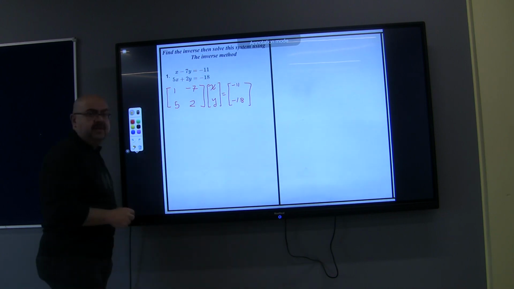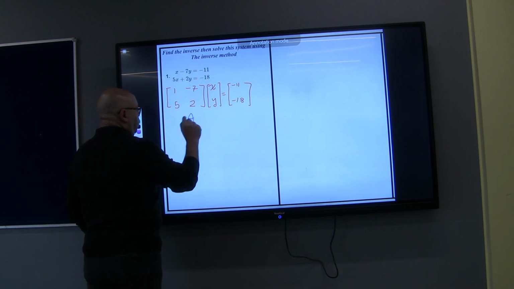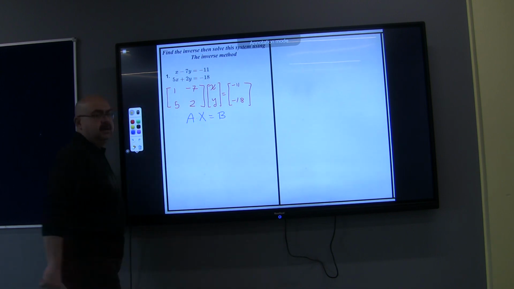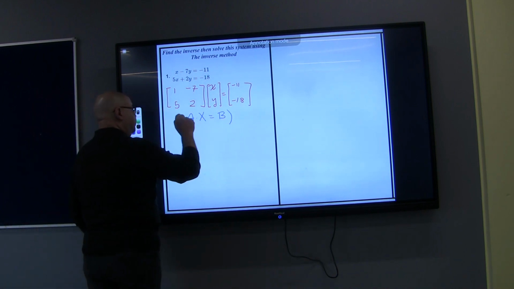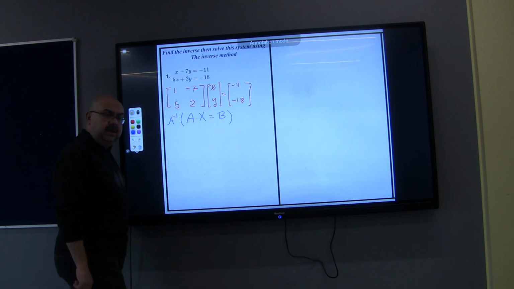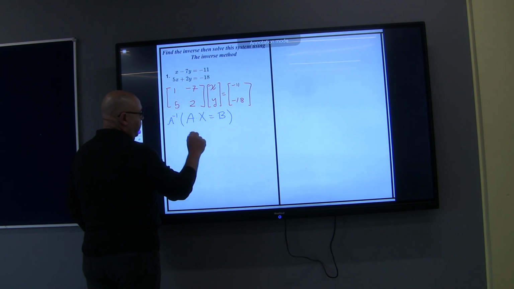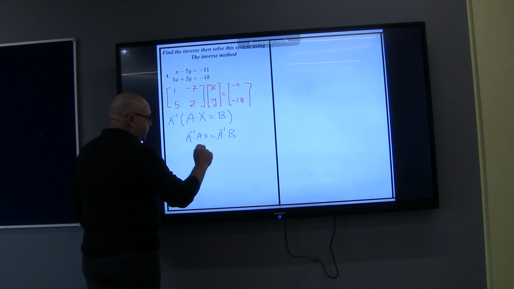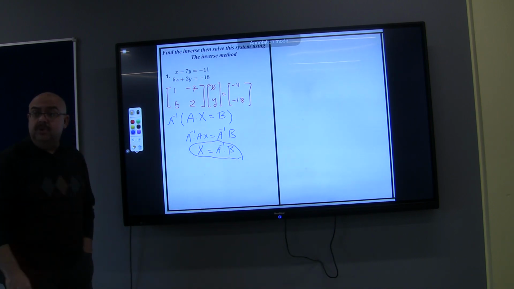The idea behind the inverse method, as you know, is that we put these matrices in this form: A times x equals B. So if we multiply both sides by A minus 1, the inverse of the coefficient matrix, it leads to A minus 1 times A x equals A minus 1 times B. That is, x will equal A minus 1 times B. This is how we can solve this system using the inverse method.